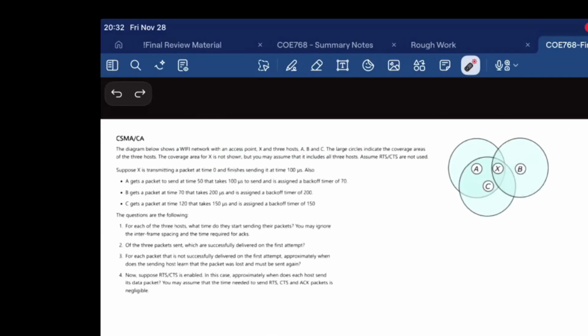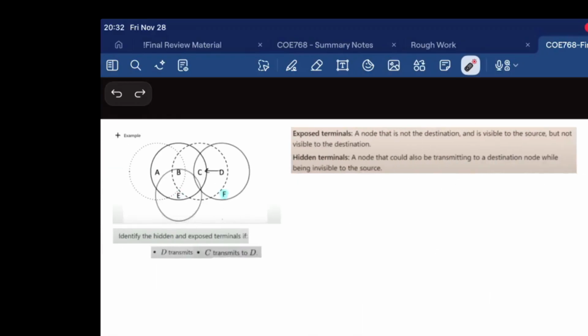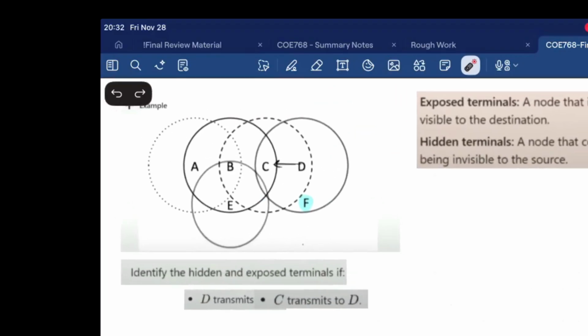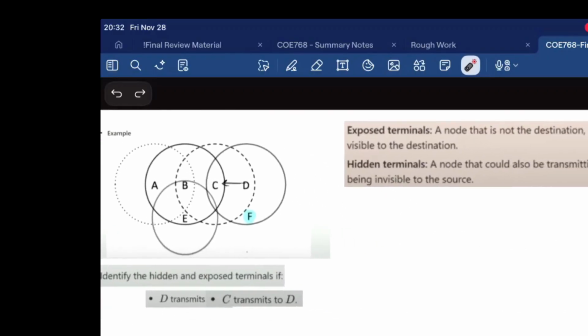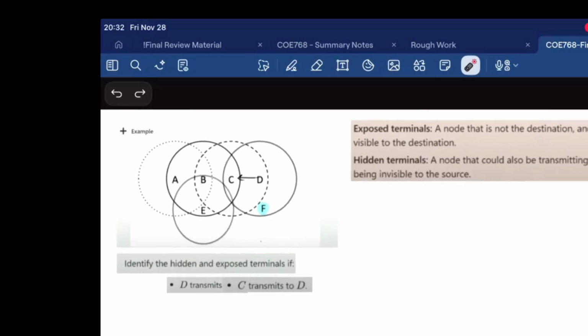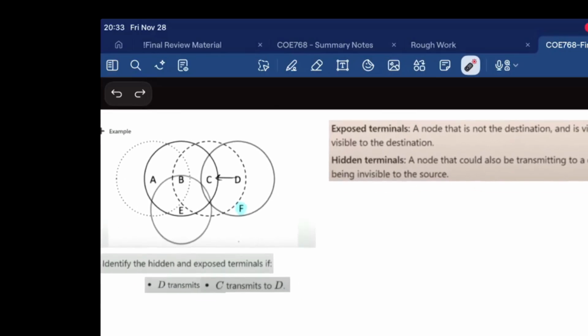I have put the other question, for the actual drawing of the whole series, out, but as the professor said that we won't be having to draw anything for CSMA/CA, I have not included it within the study hall.